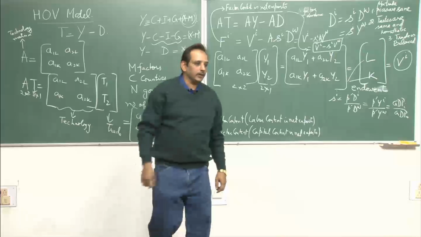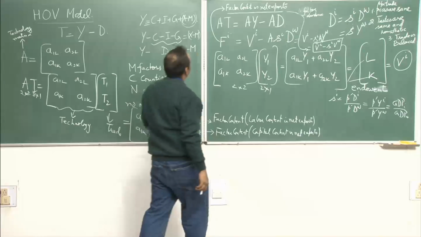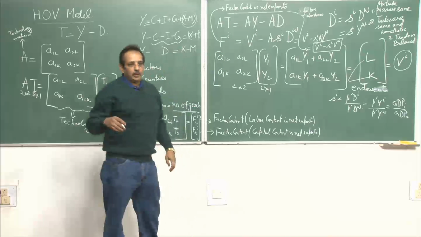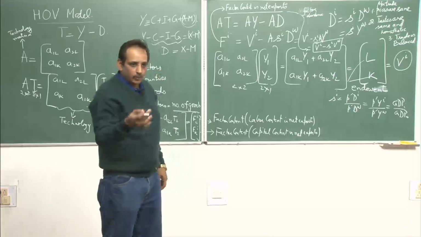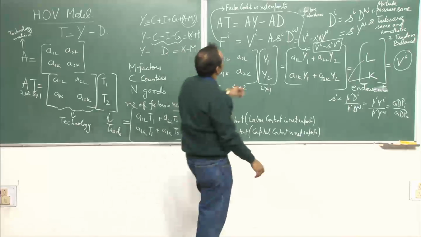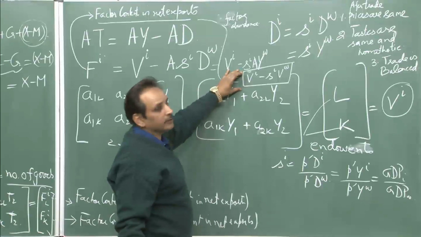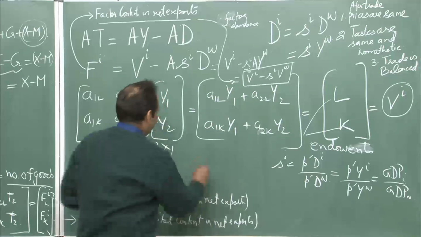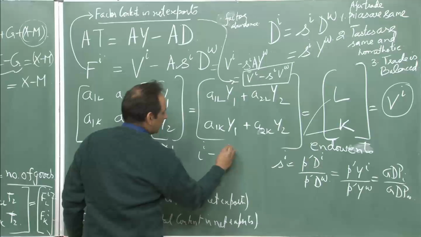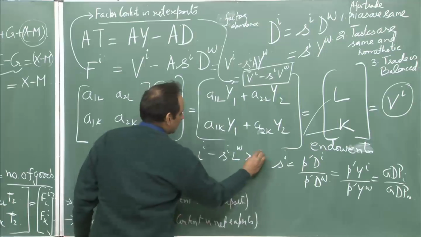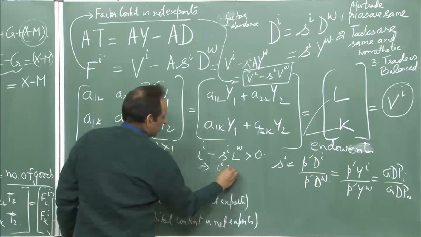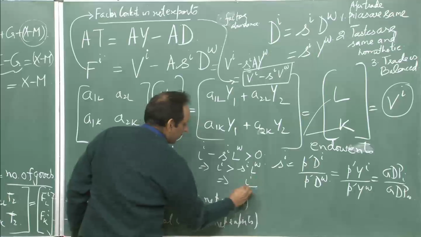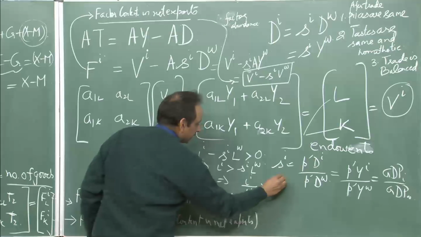So, for each country, you can now define the labor content in net exports, and if this works out to be positive, then you also assume that this country is labor rich. Now, how will it be labor rich? If Li minus Si Lw is greater than 0, or Li is greater than Si times Lw, or Li by Lw is greater than Si.